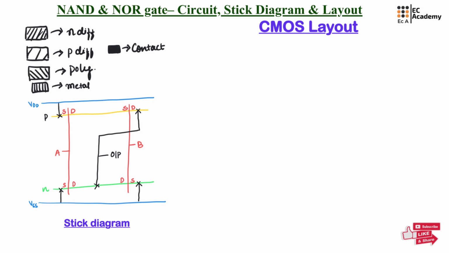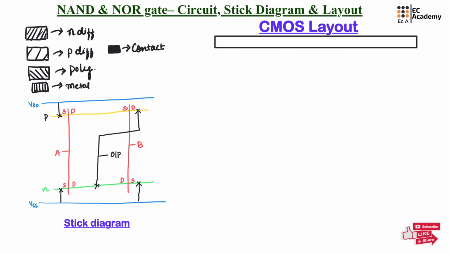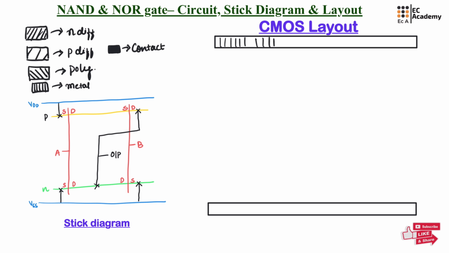To write the layout, let us use these regions. This is N diffusion, P diffusion, polysilicon, metal and contact. To replace this stick diagram to represent the layout. Now VDD and VSS can be represented using metal.